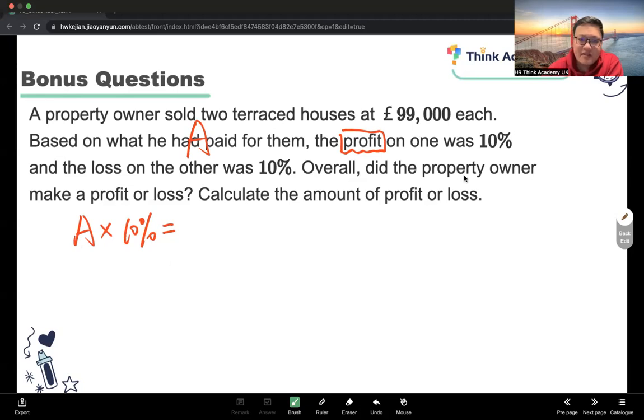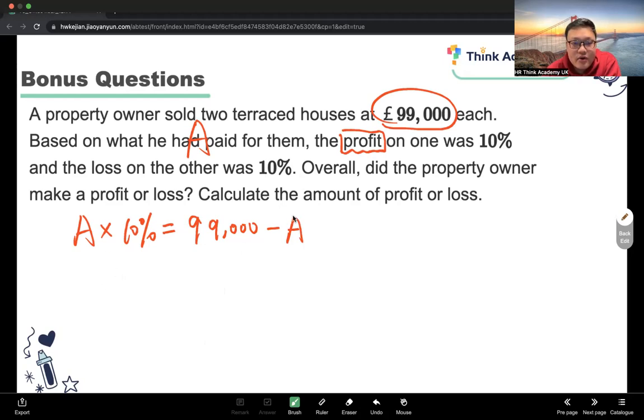Because you make a profit, that means the cost must be less than the money you sold it for. You sold it, right? And that way you're going to make a profit. So this equals 99,000 minus the amount that you paid, which gives you the profit, right? So you got this equation and you solve it, you got A. How can you solve this equation, guys? 10% of A is just 0.1A.